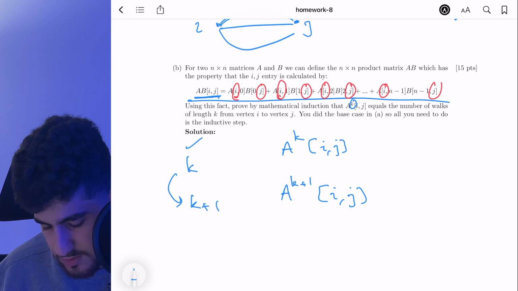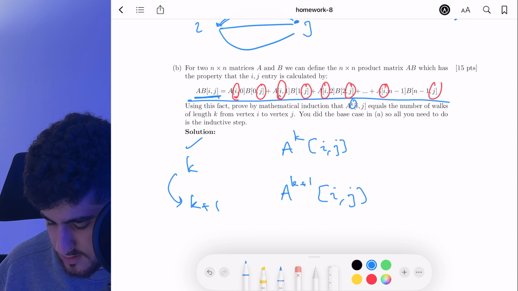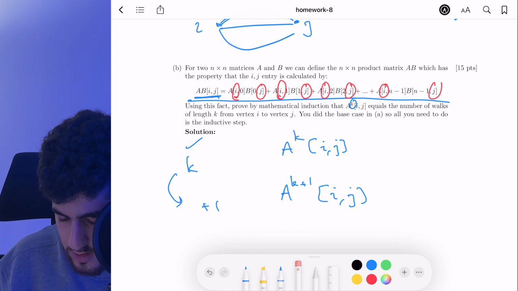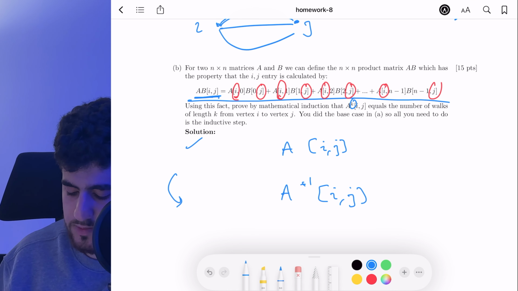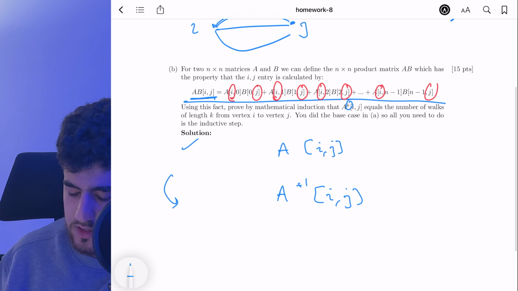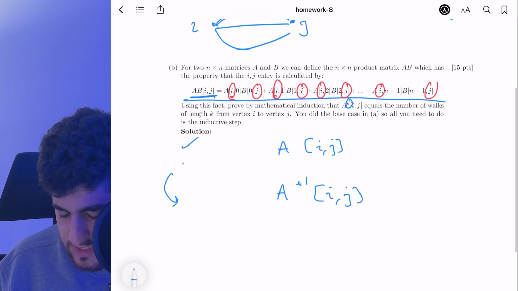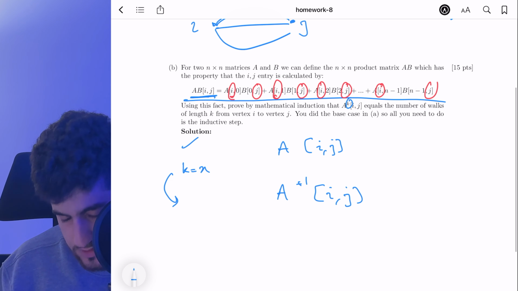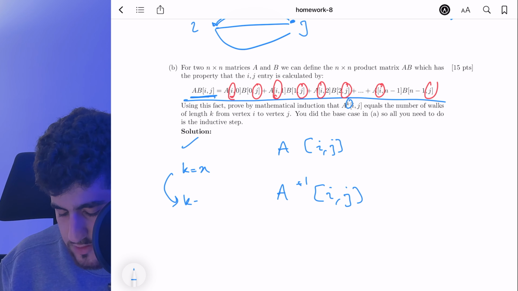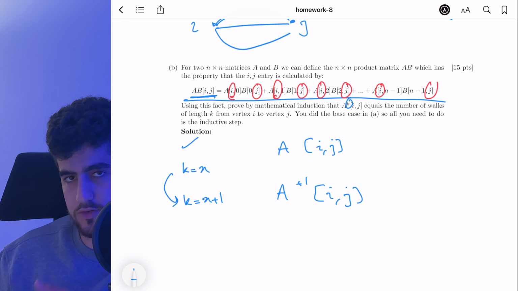So let me change my variable. I'm just doing it because k is used, and it's better not to use k again. It makes us confused. We just showed that if k is equal to x, then it is correct. Now we want to show that if k is equal to x plus 1, then it is okay too.